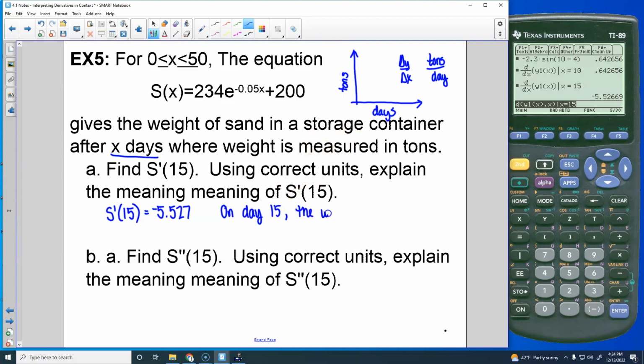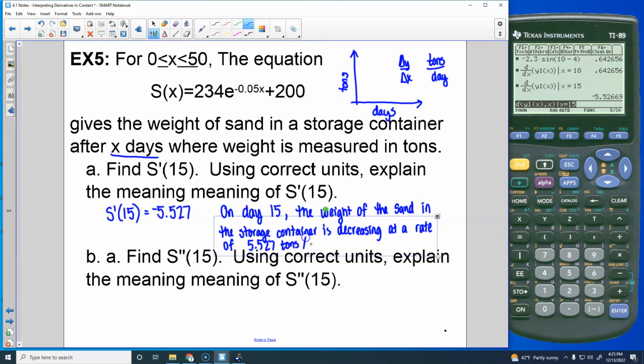So the weight of the sand in the storage container is going to be decreasing at a rate of 5.527 tons per day.